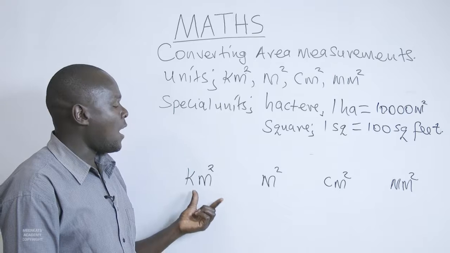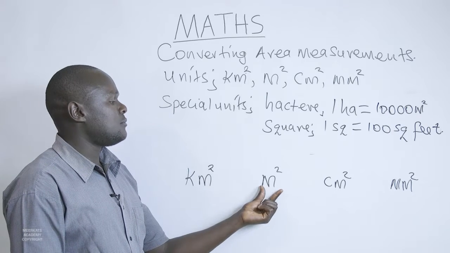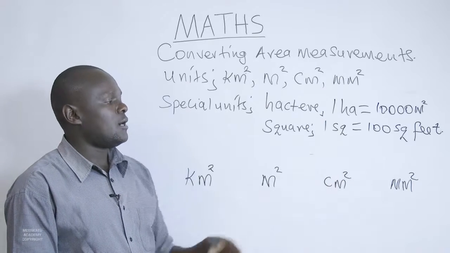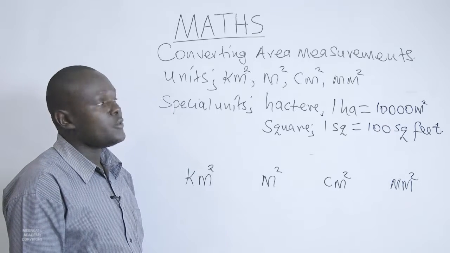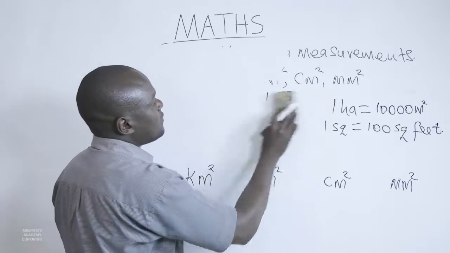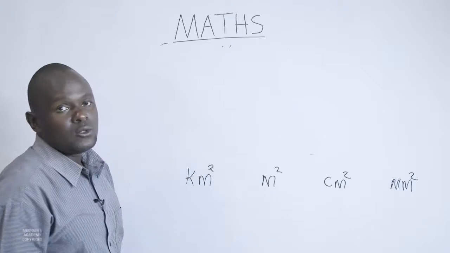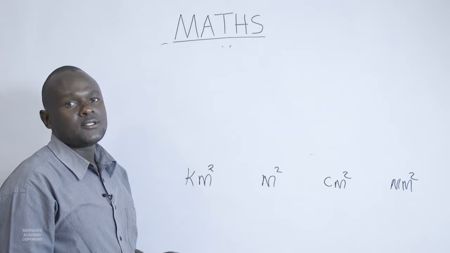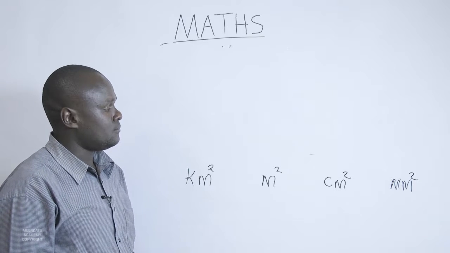We want to know how do we move from square kilometers to square meters, and even from square meters to square centimeters, up to square millimeters. And to do that, we will start by looking at how the units themselves relate to each other when it comes to length.